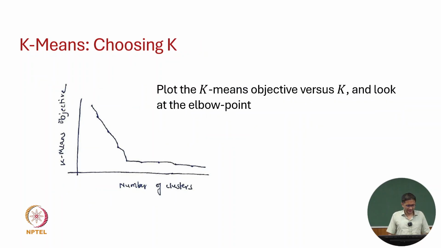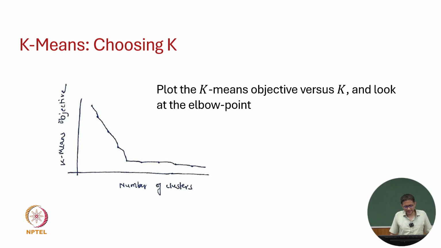Another important aspect to understand is how to choose K, the number of clusters. Is it 2 teams in our cricket world example that we took, is it 3 teams, is it 4 teams? There are again different ways to do this.